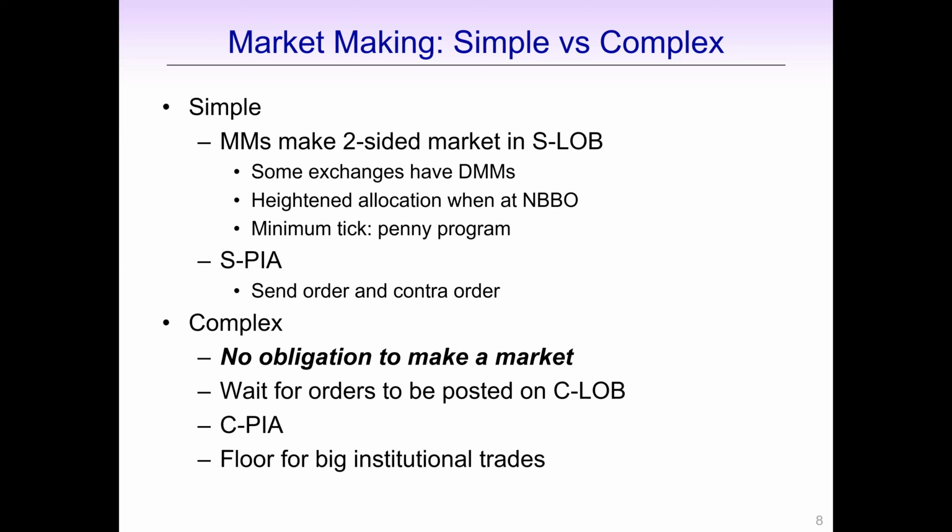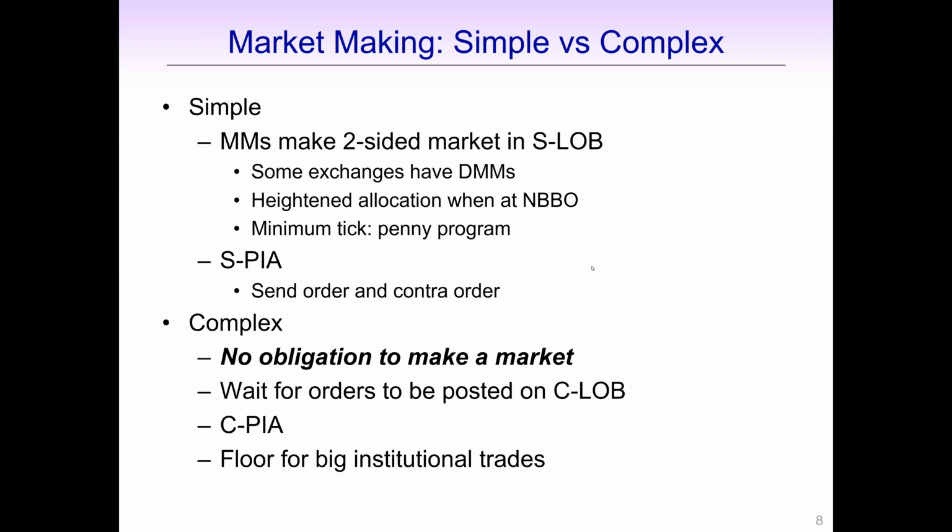I can add something related to complex order routing. You might want to take a look at the SEC's best execution proposal. It provides some stats on the rate of internalization through complex auctions.